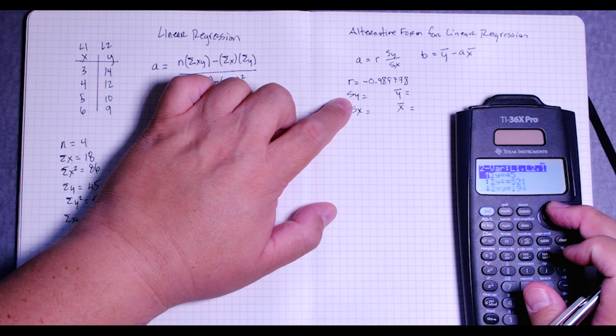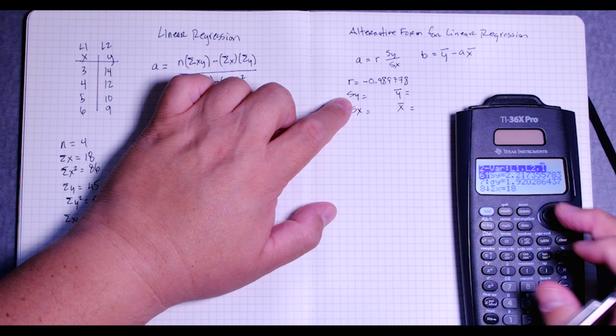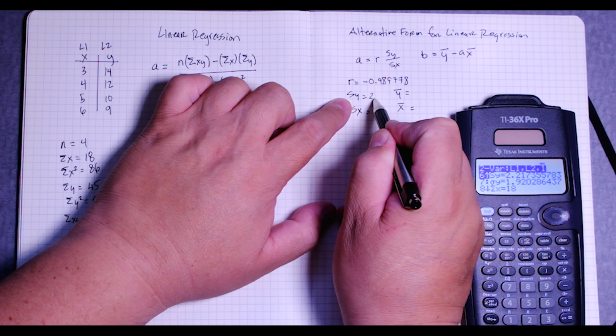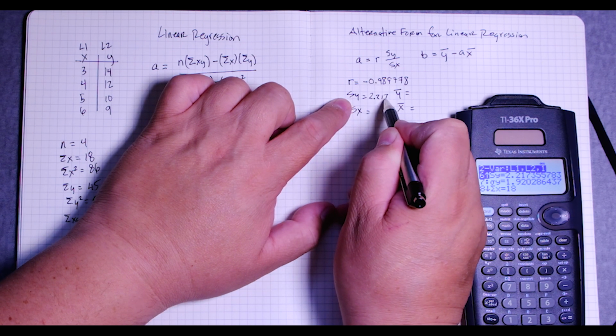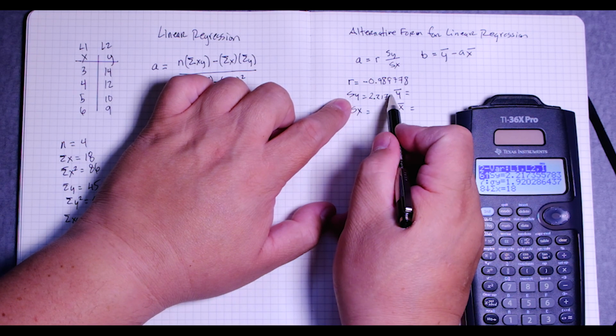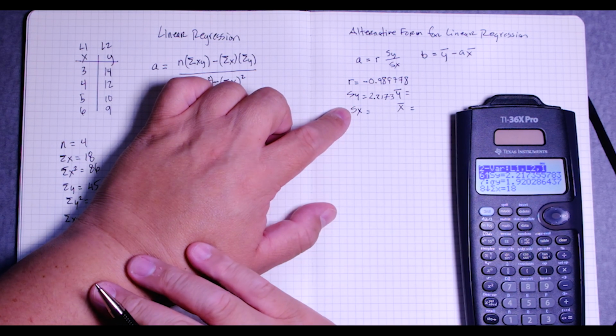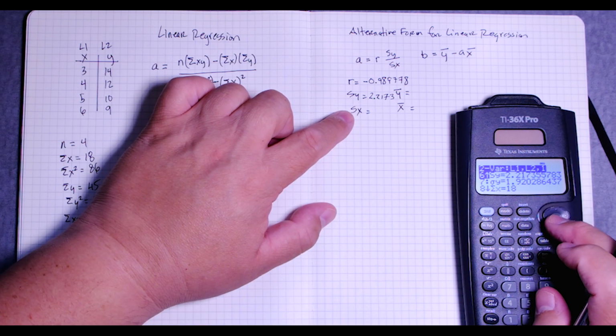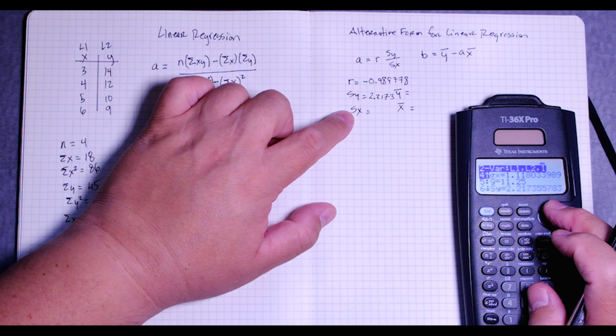Now you can scroll up over here for SY. Here it is, look, SY, 2.2173. You can probably put more numbers. I'm a bit squeezed there. What else can I find?